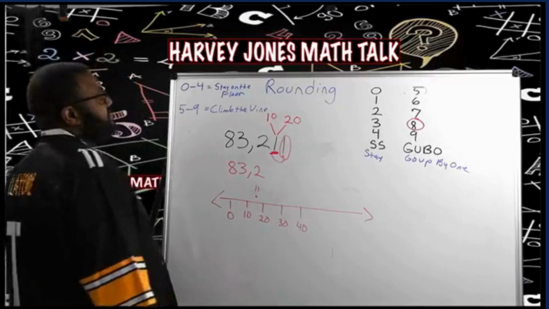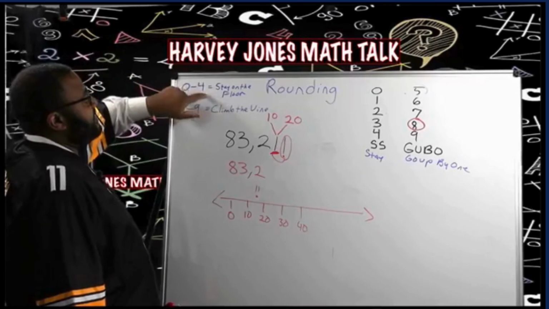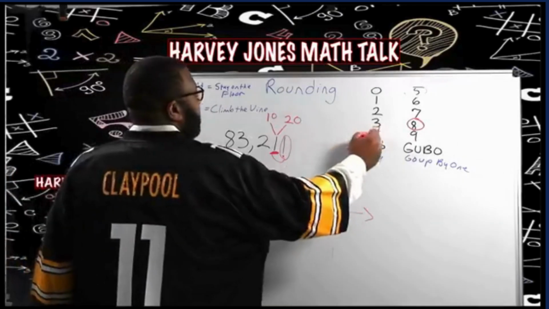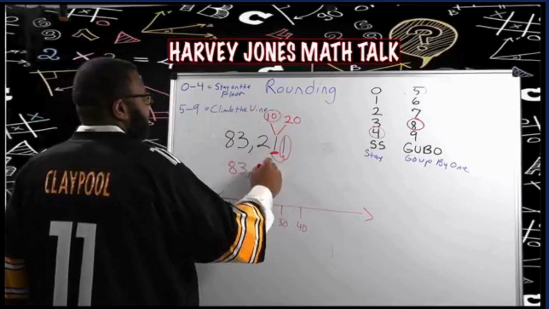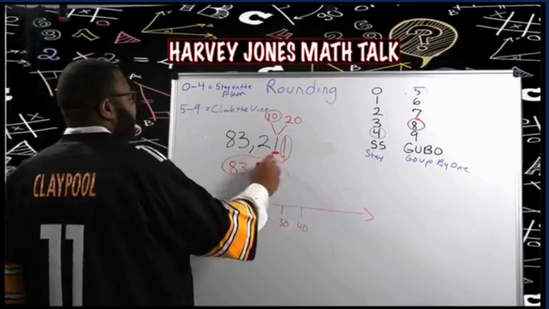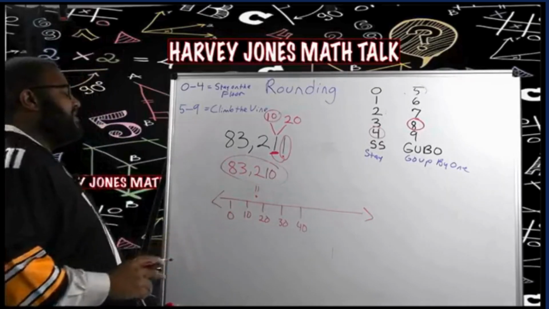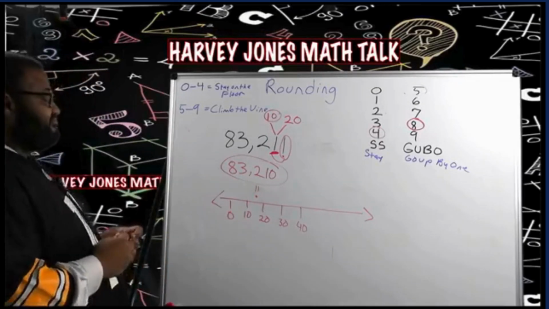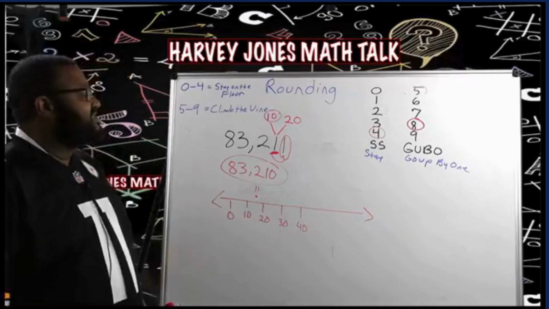It's a 1. Once again, 0 to 4, stay on the floor. So that'll be 10. Final answer, 83,210. Hey folks, the number line works each and every time.